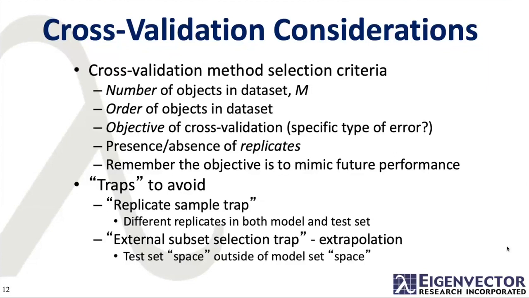So different replicates should be in both the model and the test set. If they're really true replicates with different sources of error, then you should split them between calibration and test. But if they are actually repeat measurements, they should always be kept together because they have the same sources of error.